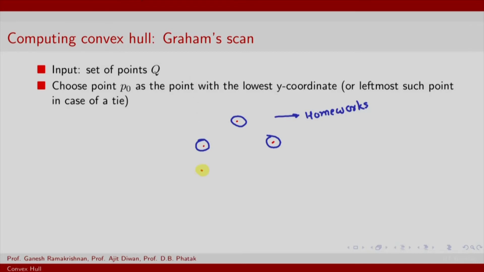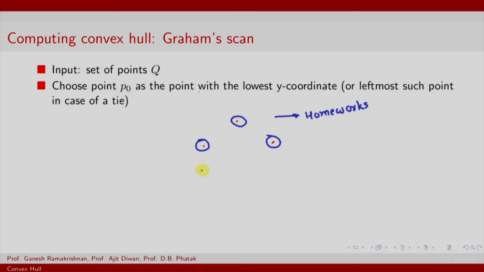Well, we would like to look at the orientation of all the other points with respect to the point that is already chosen, that is with the new point. We can look at the orientation of the remaining points, sort them in some order of orientation, and thereafter decide how to construct the convex hull in an incremental manner.